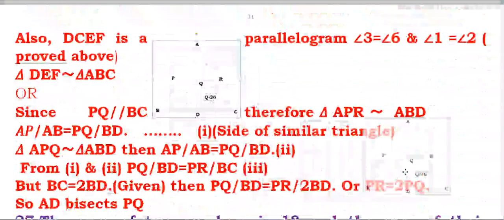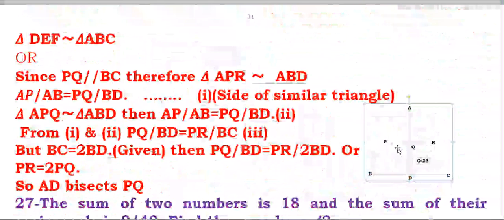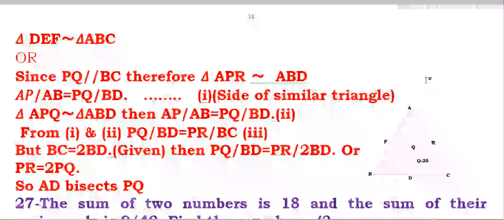Then the next: in triangle ABC, the median AD divides BC into two equal parts, and PR is parallel to BC. We have to prove PQ is half of PR, or we say AQ is the median of PR. In this question, when PR is parallel to BC, then triangle APR will be similar to ABC, and APQ will be similar to ABD.